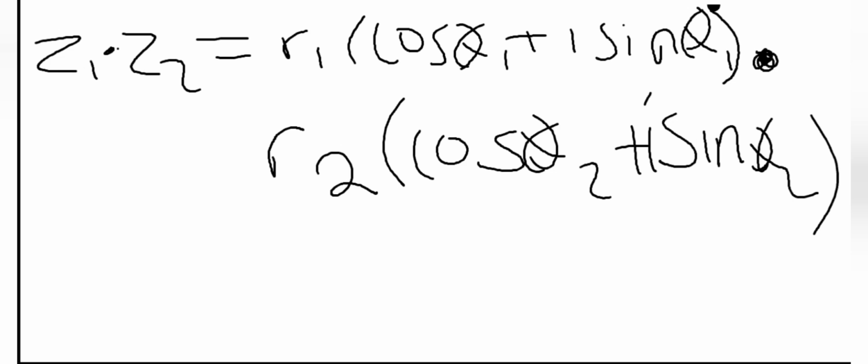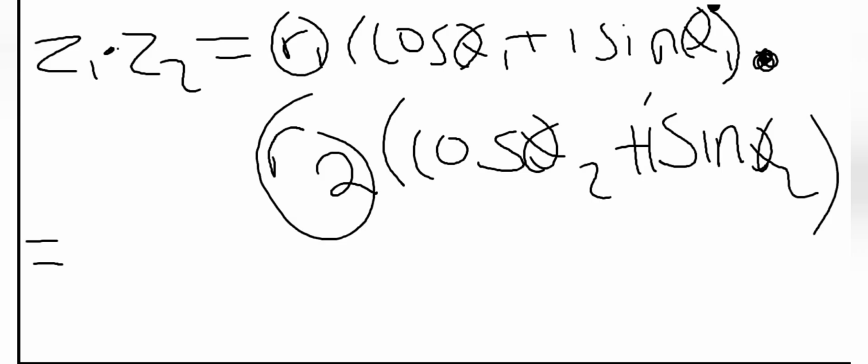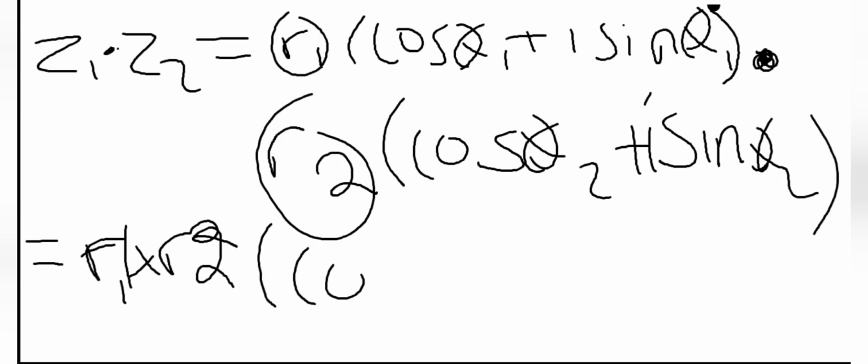So how do we multiply them? This is very simple. The r will multiply with the r. So it is equal to r1 multiplied by r2, then cos.